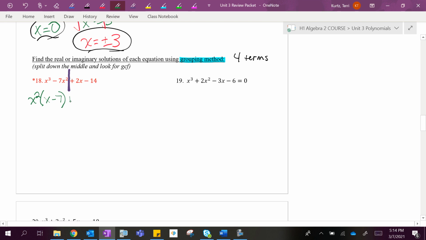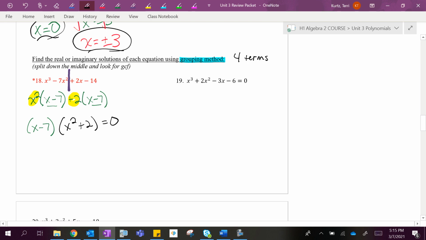Over here, I bring down my plus, and I can take out a 2, and I'm left with x minus 7. So just like in grouping, my parentheses have to match. They do. So my first factor is x minus 7. My second factor is the GCFs I took out, which is x squared plus 2.